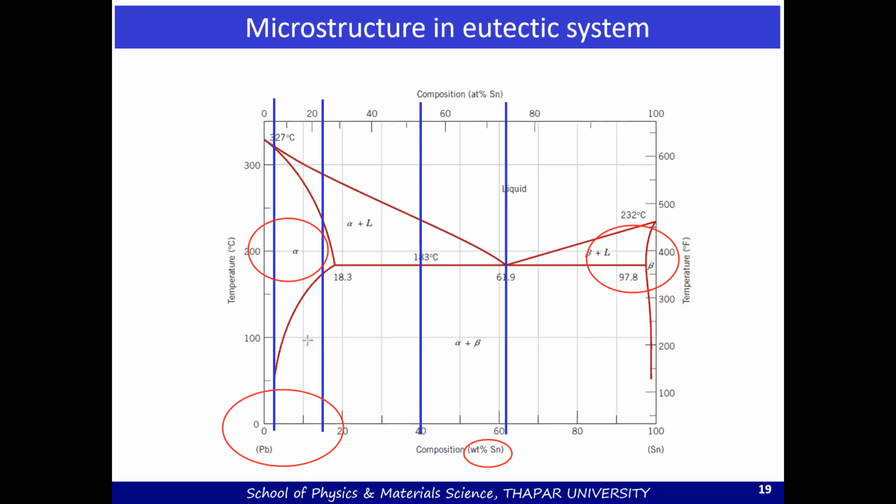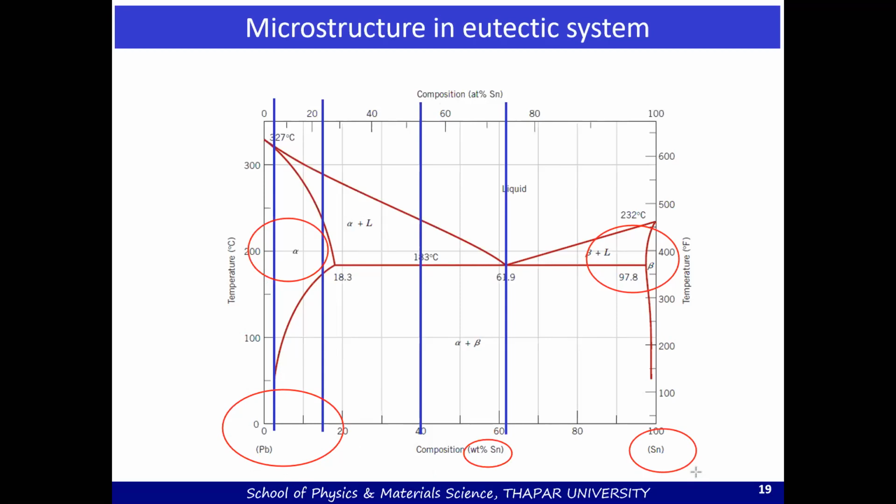So low concentration of Sn means high concentration of Pb. So alpha is the phase which is having high concentration of lead, while beta is the phase where you have high concentration of tin. So what is the primary difference between alpha and beta?